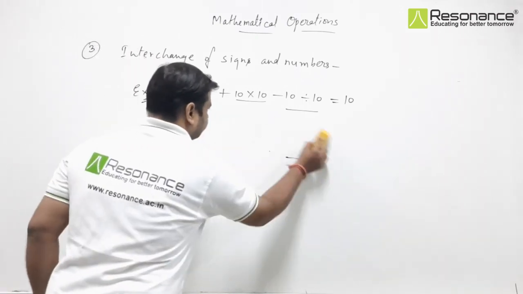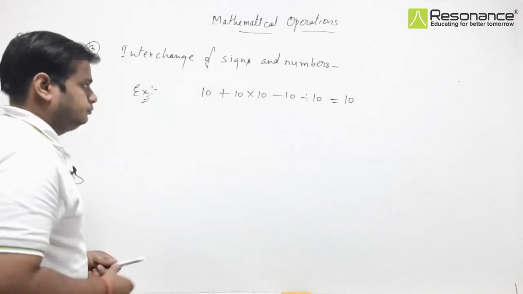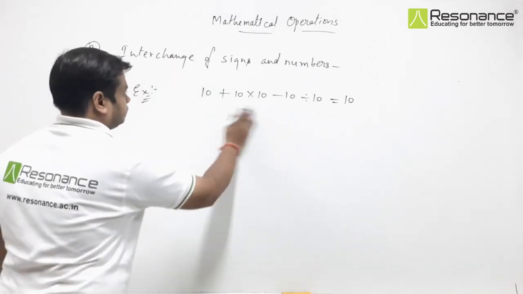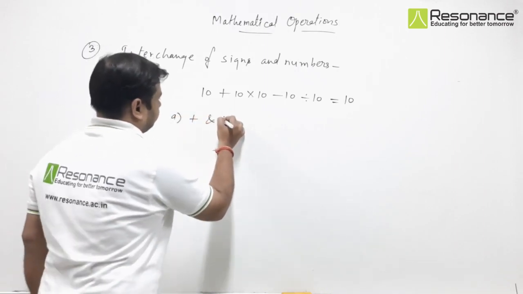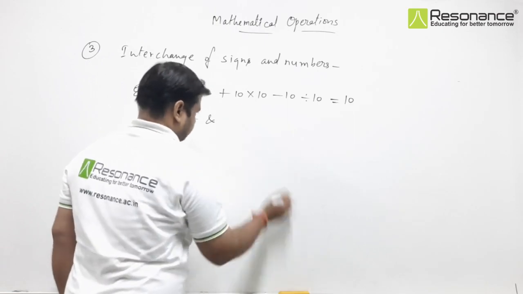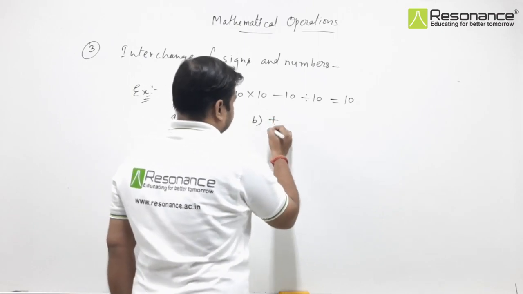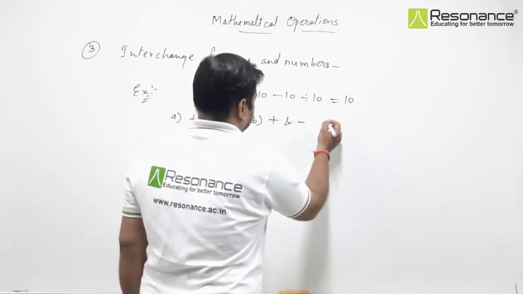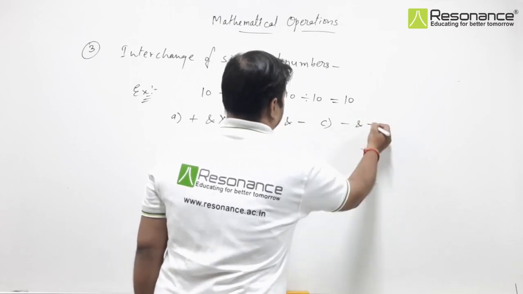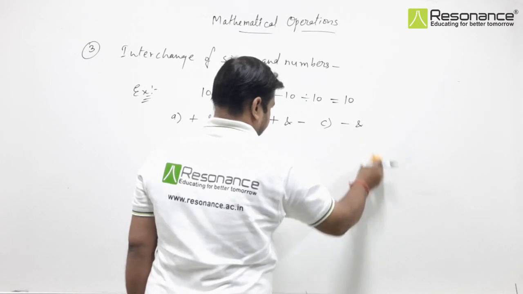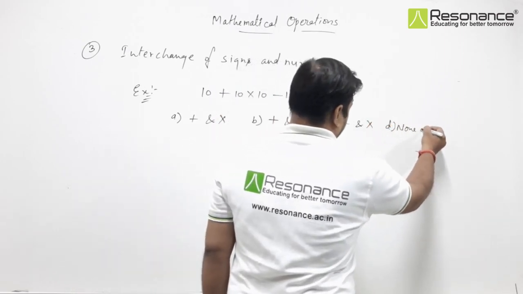Now the options are: A, plus and multiply; B, plus and minus; C, minus and multiply; and D, none of these.